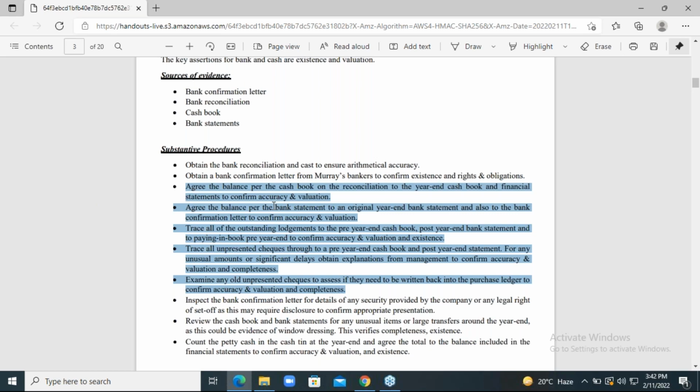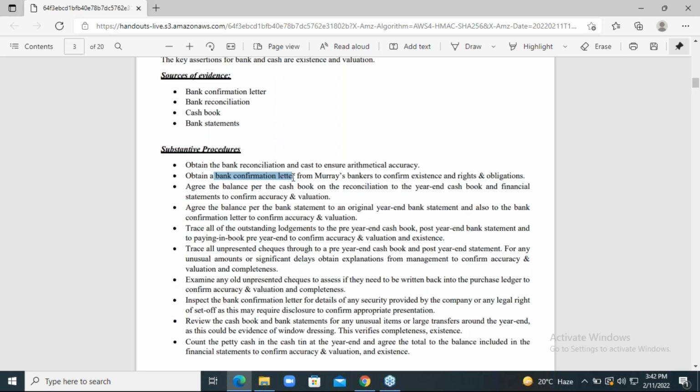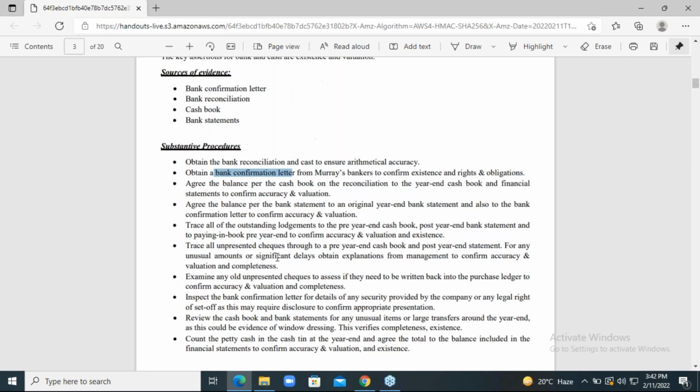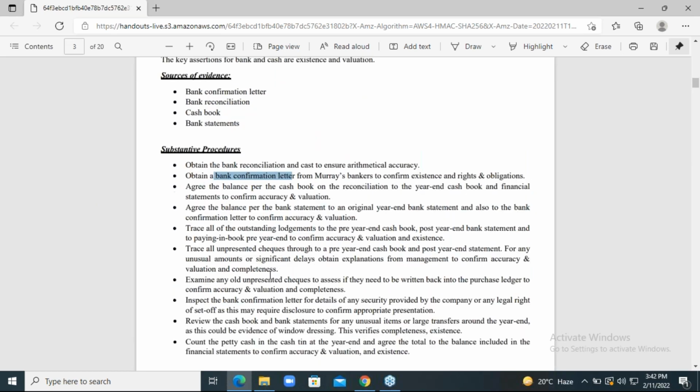So starting from that pro forma, you can easily write 3 to 4 or 5 procedures from it. The rest of procedures are easy. You can send bank confirmation letter, and you can obtain breakup to ensure arithmetical accuracy. As far as petty cash is concerned, it is counted at year end. So all these procedures are done for bank and cash.